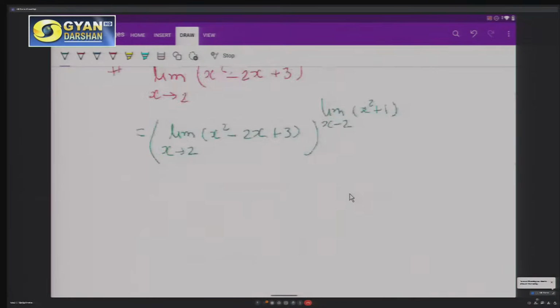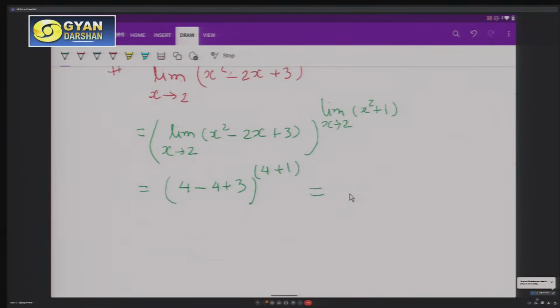So now this will be equal to: here we will put 2 in place of x, so (4 minus 4 plus 3) to the power (4 plus 1).